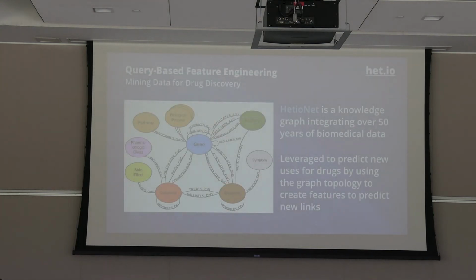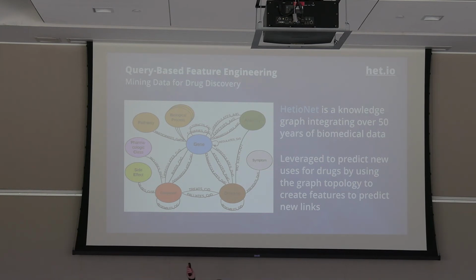One good example of this is Hetionet, which you can find at het.io. They're actually using Neo4j, and you can write queries in our Neo4j browser, and it's available on the web. But this is over 50 years of biomedical data, and they're using this data that's published and public to predict new uses for drugs, using the graph topology to look at features and predicting new links for that.